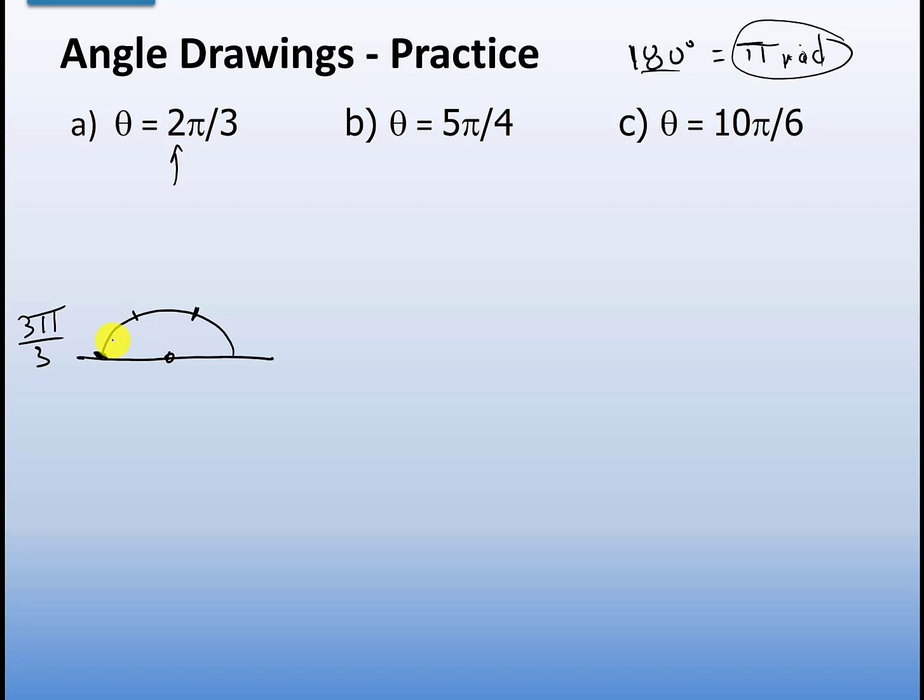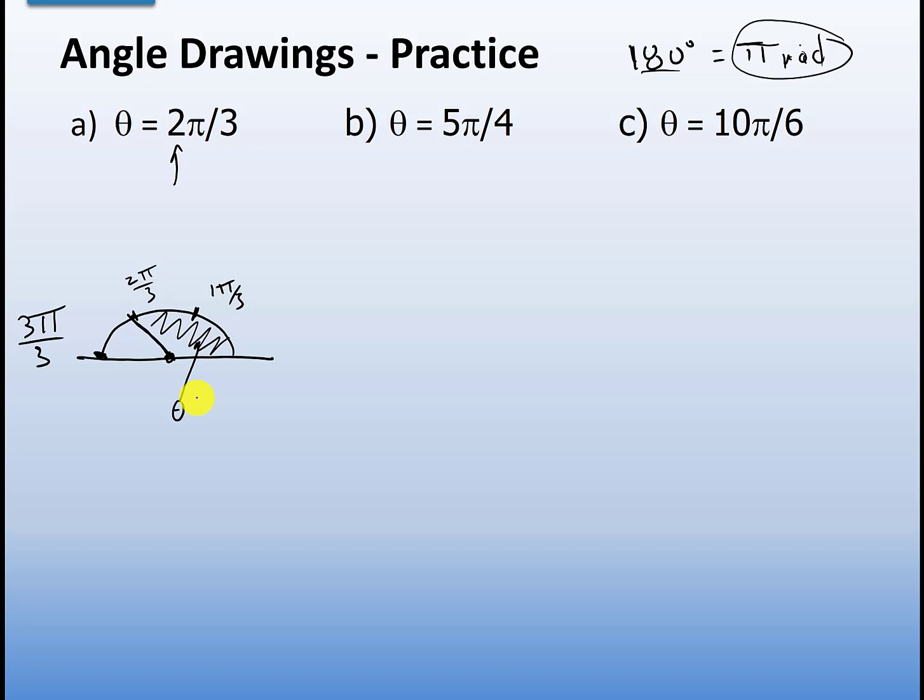So to get 1 whole pi, I've divided into 3 equal slices, and I want a picture of 2/3. Well, this would be 1 pi thirds. This would be 2 pi thirds. And there I see a picture right here. This angle is a picture of theta as 2 pi thirds.